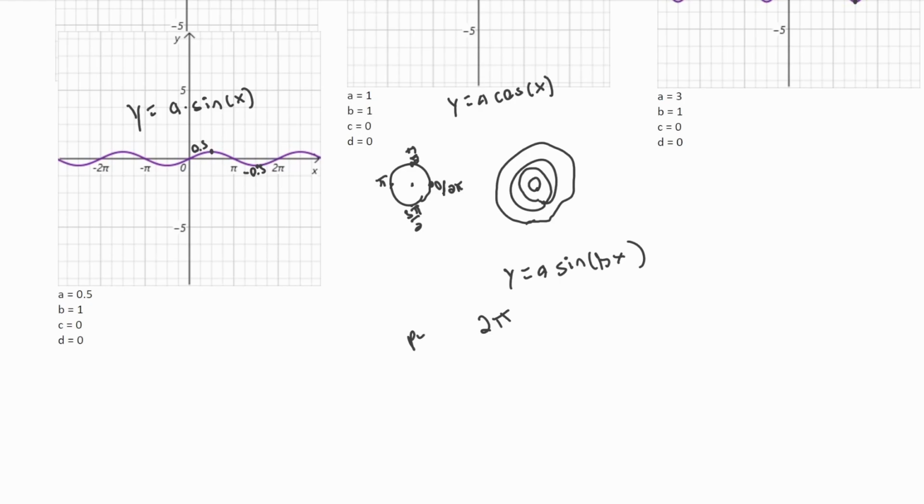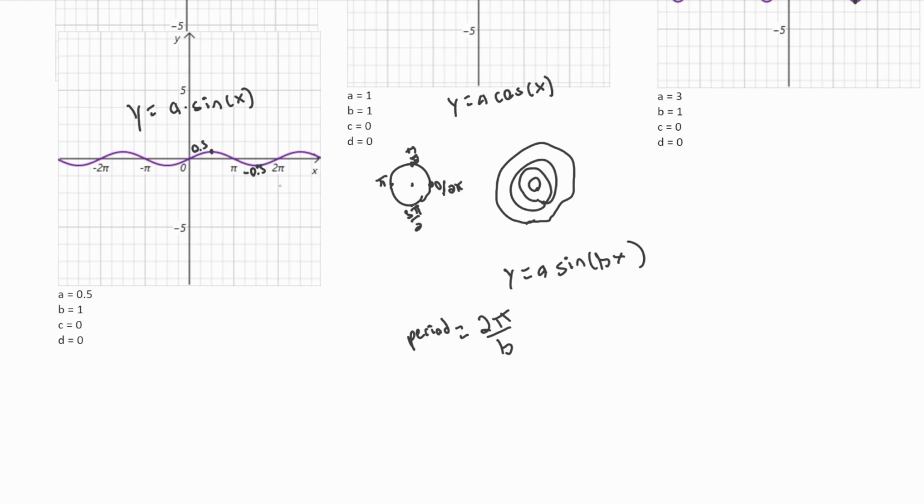So the period equals 2 pi over b. So essentially, if we have a large b, something bigger than 1, what's going to happen is that our denominator here is going to be larger and our period is going to be smaller overall, which means that we're going to get through our full cycle faster.